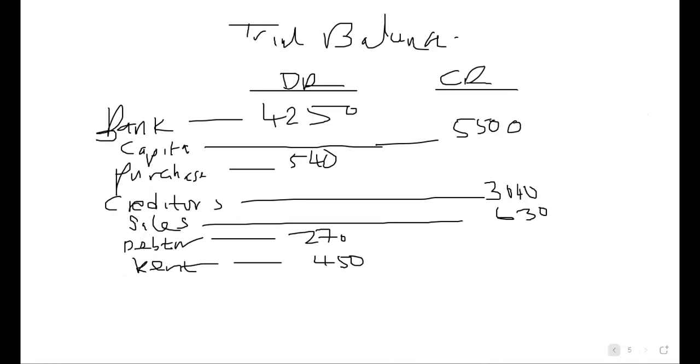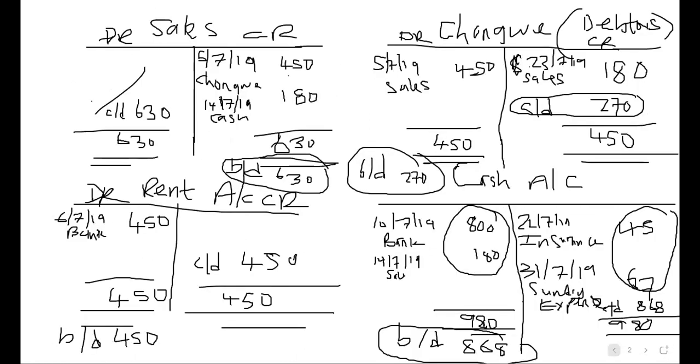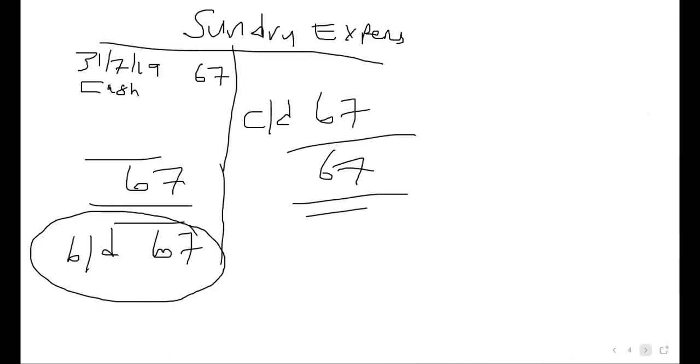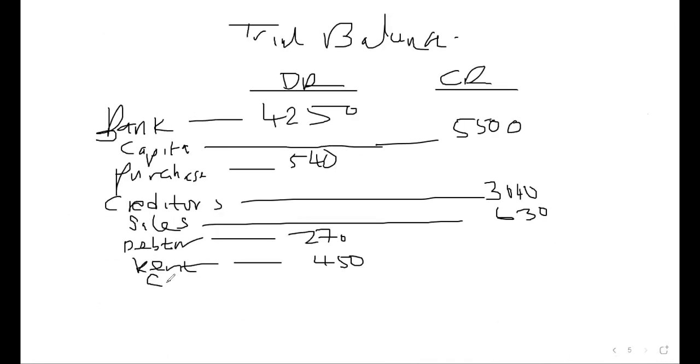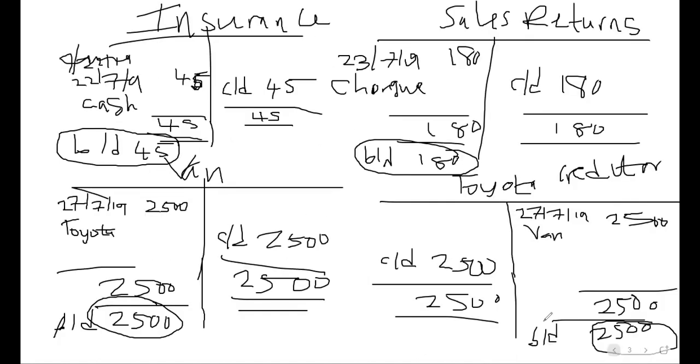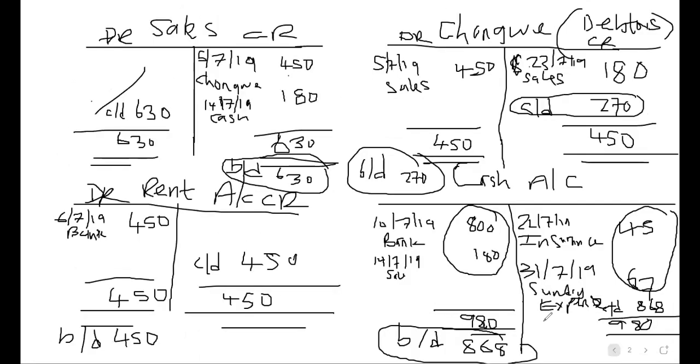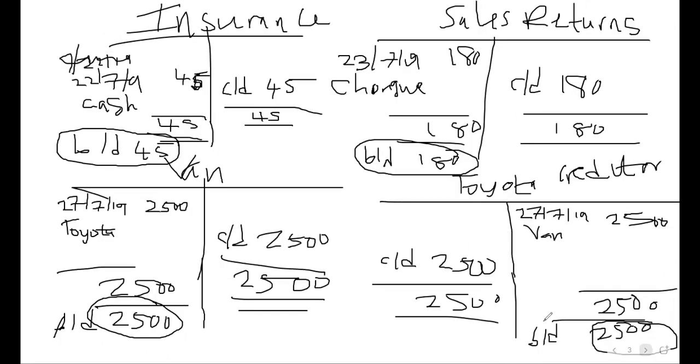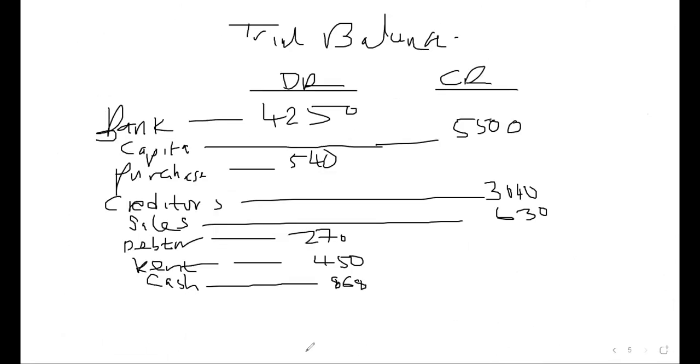Then what else are we having? We're having cash 868. What else are we having there? The other one we're having is insurance 45.